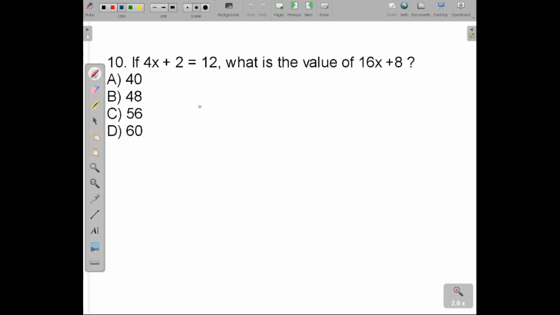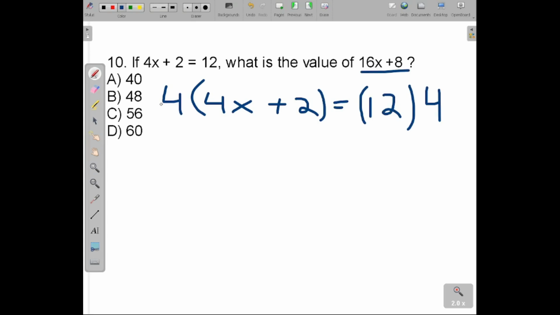10. If 4x plus 2 is equal to 12, what is the value of 16x plus 8? So we have this equation, 4x plus 2 is equal to 12, and we need to find the value of 16x plus 8. 4 times 4x is equal to 16x, plus 4 times 2 is 8. 12 times 4 is 48.